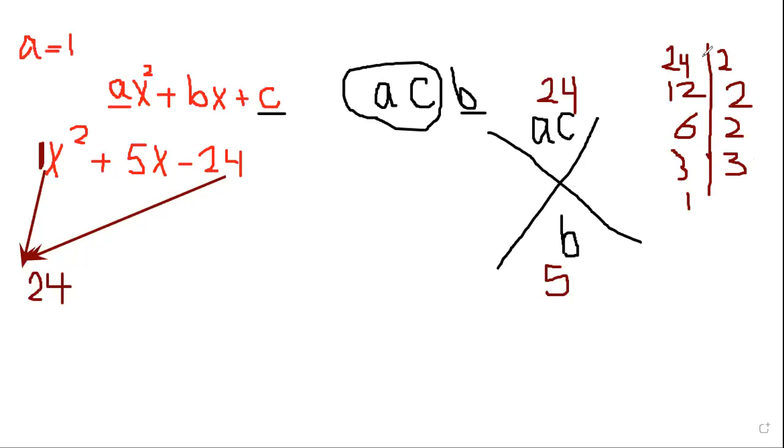Then now we can say 1 times 24. If you take 2, then multiply all the rest. 2 times 2 equals 4. 4 times 3 equals 12.